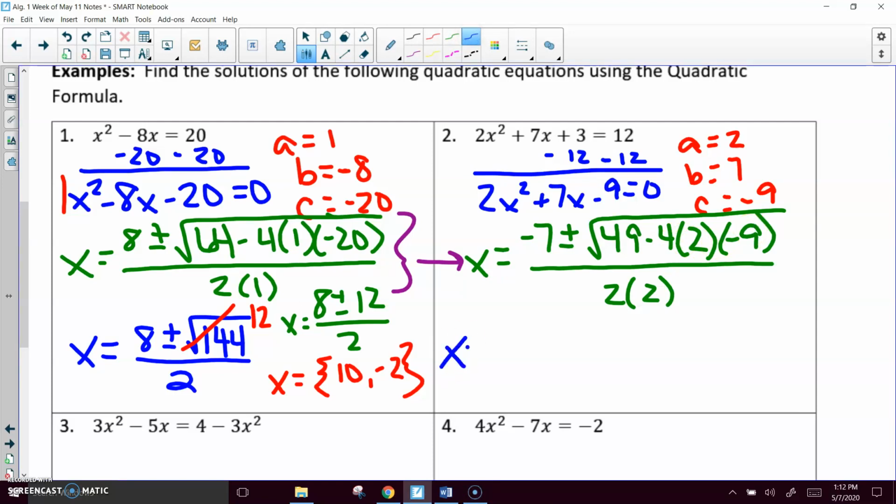Let's simplify. All right, 49, grab your calculator, subtract 4 times 2 times negative 9. And I get 121.